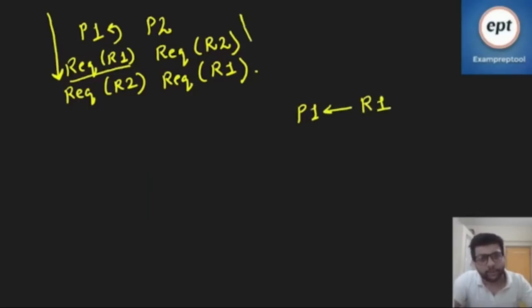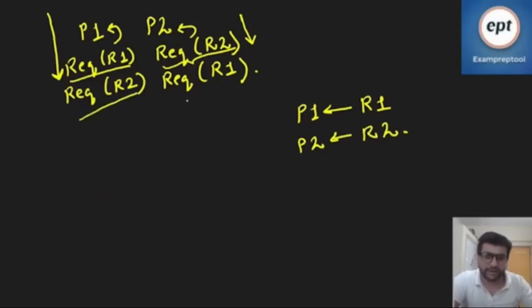Now P2 starts executing and gets preempted after the R2 resource is allocated to the P2 process. Now the P1 process is requesting the resource R2 and the P2 process is requesting the resource R1.